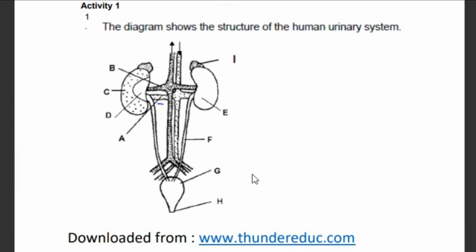It brings blood. Therefore, it is a renal artery. Then B becomes the renal vein because it takes blood away.